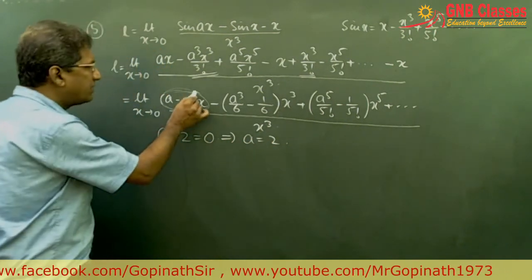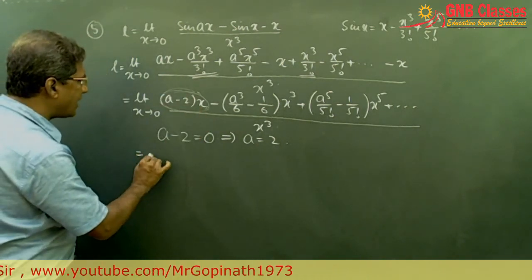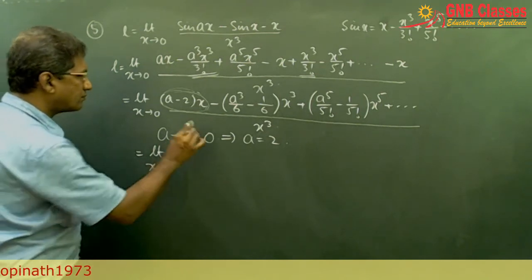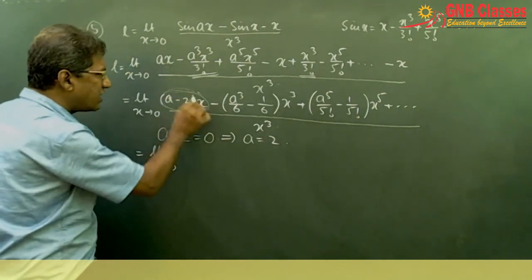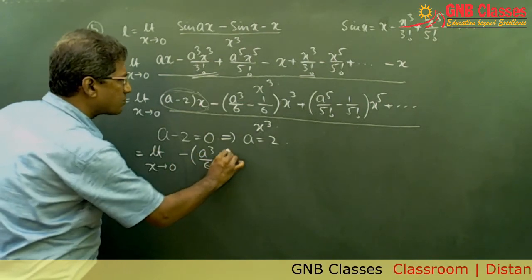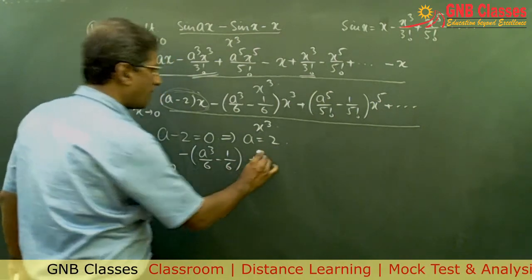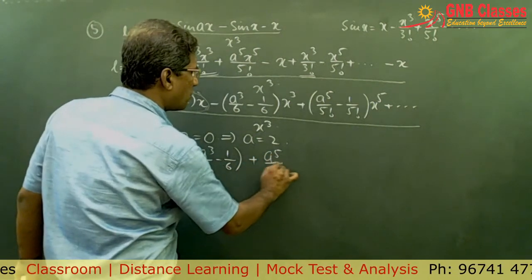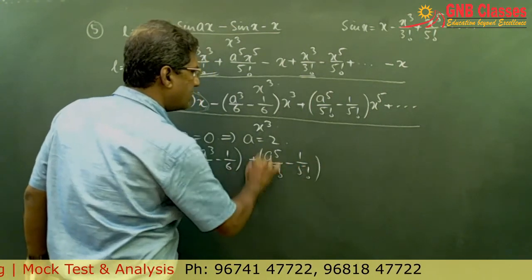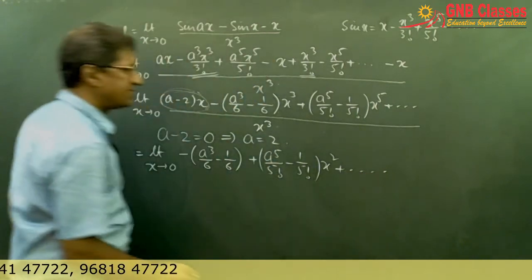Now, if this part becomes 0, look carefully. What are we going to get here? Limit x tends to 0, if I put this part as 0, we get minus a cube by 6 minus 1 by 6, plus a to the power 5 by factorial 5 minus 1 by factorial 5, into x square, plus and this goes on. Is it clear?